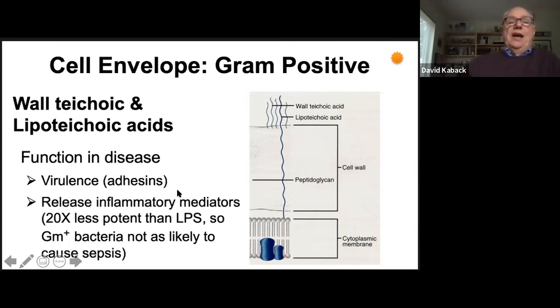Very often they're involved in adhesion to mammalian surfaces to make these bacteria a little bit more infectious when they adhere to certain tissues. And they can release inflammatory mediators, but they are not as potent with respect to releasing inflammatory mediators as what I'm going to tell you about in the next slide when we talk about gram-negative bacteria.